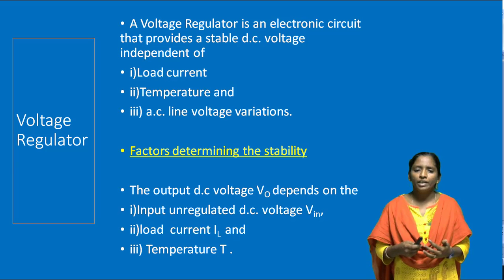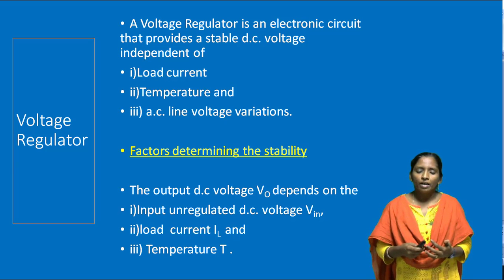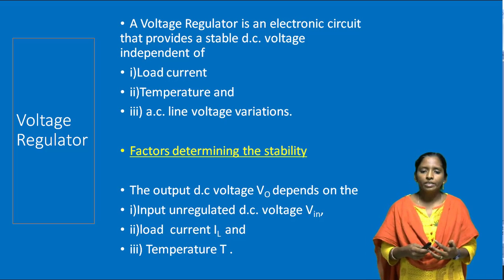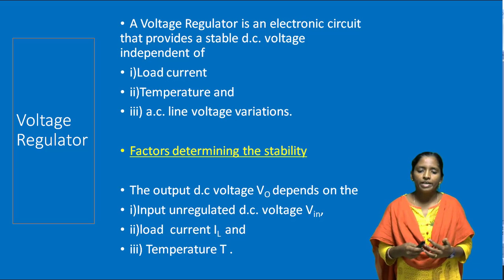Factors determining the stability. To maintain stability, what are the factors influencing? The first one is the input unregulated DC voltage, Vin. Unregulated means pulsating DC is given as the input.